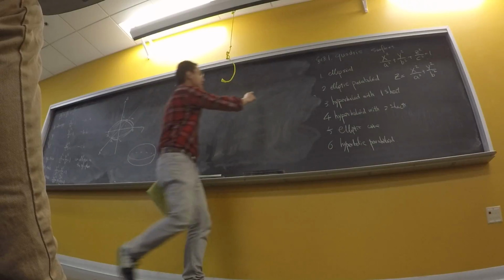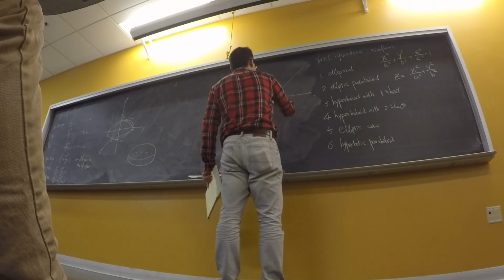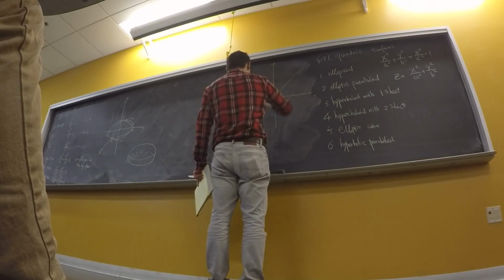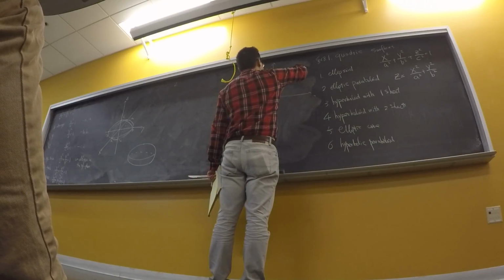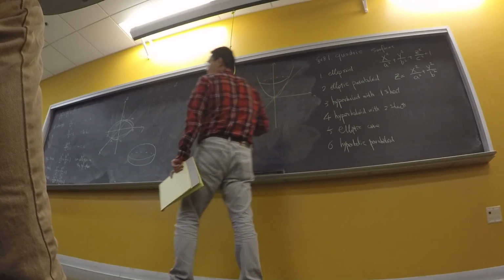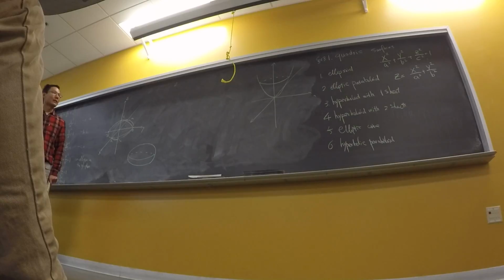I want to have the picture right here before I even give you the intercepts and traces, so you can have a first impression. Okay, so this is an elliptic paraboloid.